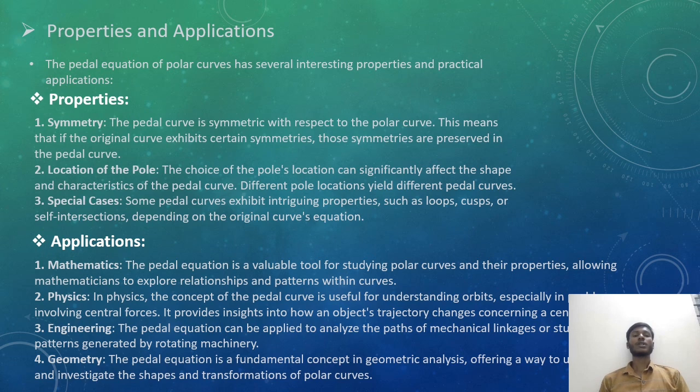The choice of the pole's location can significantly affect the shape and characteristics of the pedal curve. Different pole locations yield widely different pedal curves. Special cases. Some pedal curves exhibit intriguing properties such as loops, cusps, and self-intersections, depending on the original curve's equation.